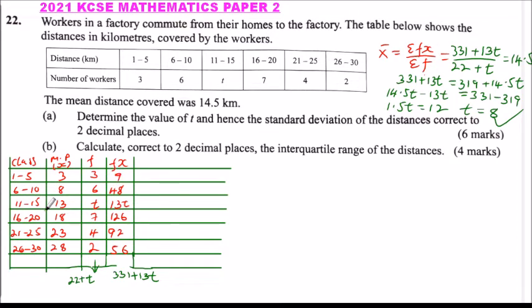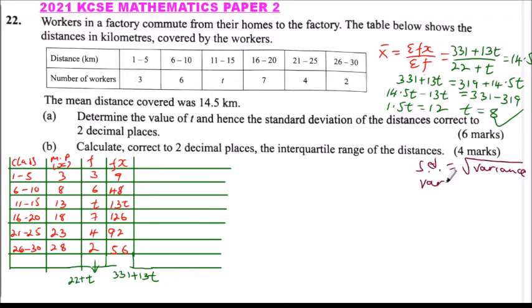So now that we have found the value of t, we need to get the standard deviation. For standard deviation, we need to add another column. The standard deviation, SD, is equal to the square root of variance.